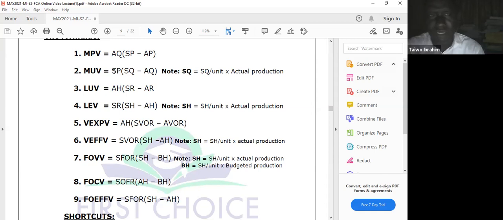The next one is labor rate variance, not labor usage, not U. It should be R, labor rate variance. We are looking at the rate of payment. If I want to pay 6 naira per hour, which is the actual, that means the variance in my rate of payment is 4.